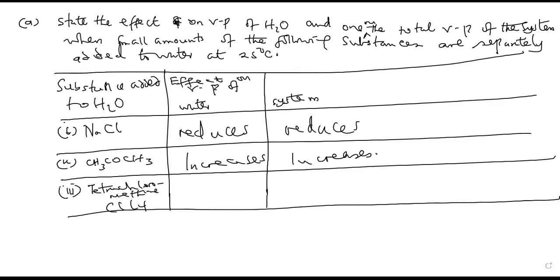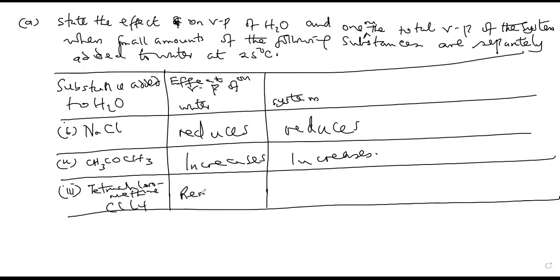Okay, then when we add tetrachloromethane, tetrachloromethane and water form an immiscible liquid mixture. In other words, tetrachloromethane is immiscible with water, meaning that each component exerts an independent vapor pressure. Meaning that the vapor pressure of water remains constant.